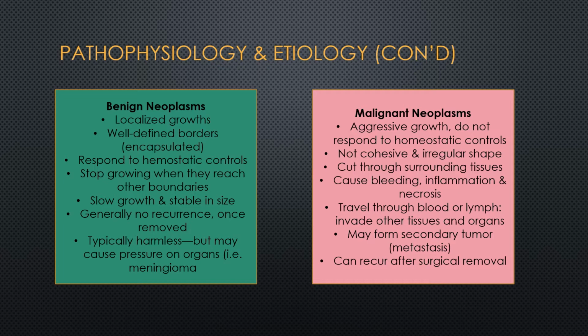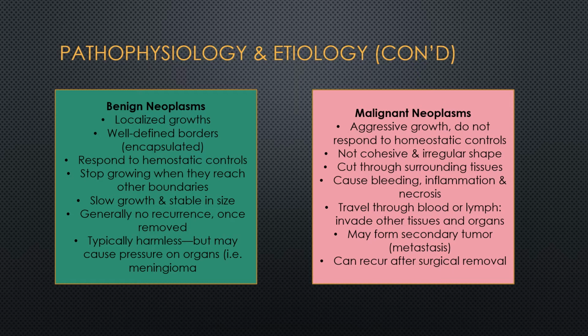They stop growing when they reach other boundaries, and they grow slowly and stable in size. Generally, they don't have recurrence once they're removed. They're typically harmless, but may cause pressure on organs. For example, a meningioma, which is a neoplasm in the brain, can cause pressure on the brain, which then could cause other issues to happen.